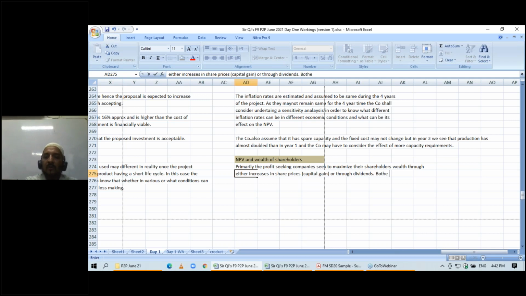Now, both the dividends and share prices will increase if the company enters into some proposals that have positive NPVs.